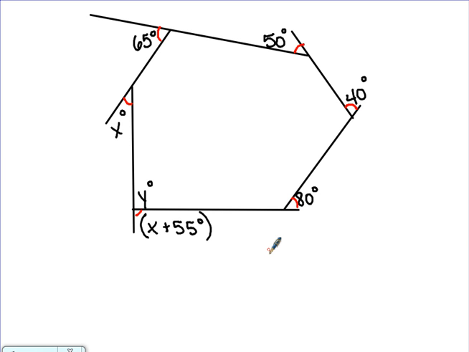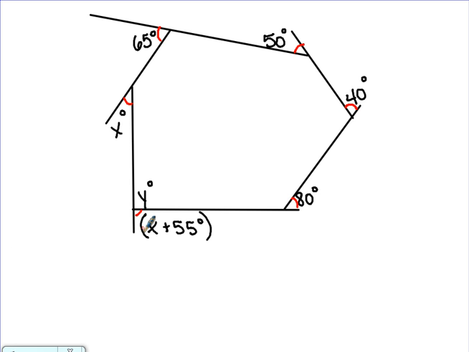In this particular hexagon, we are going to solve for x and y. x is one of the exterior angles, and y is the interior angle. To do that, we need to remember that the sum of any exterior angles is equal to 360 degrees. So if I add all of these angles together, it should equal 360. Let's set up an equation.